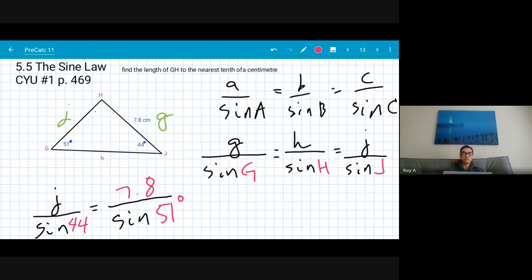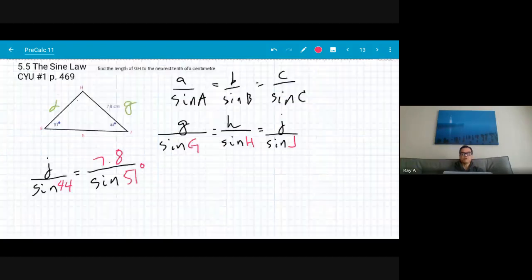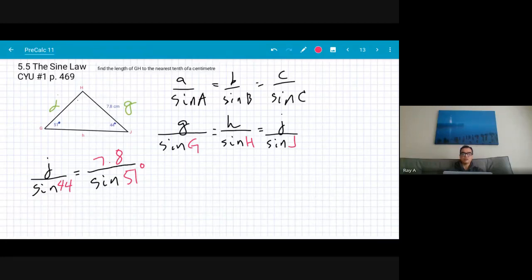Now, what's going to be critical here is how you use your calculator. Different calculators work different ways, so you have to practice with your calculator. I don't know how you were taught by your teacher before on how to solve a proportion. Put it this way: if it was x over 3 equals, say, 6 over 9, how do you solve for x?